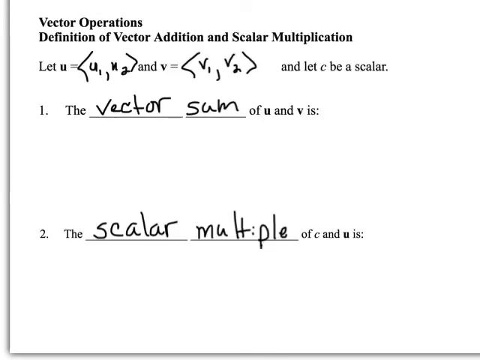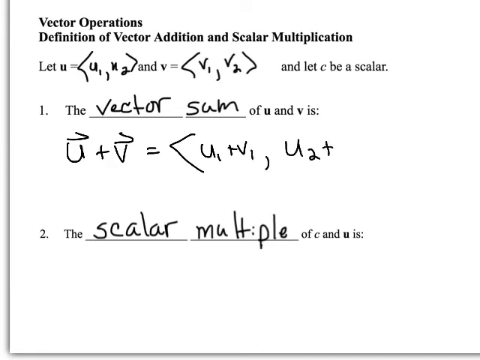So let's look at vector operations. If I have two vectors, u is <u1, u2>, v is <v1, v2>, and c is a scalar, meaning it only has one part to it. The vector sum of u and v is going to be this. If I want to add u to v, I just add their components. So it's <u1 plus v1, u2 plus v2>.